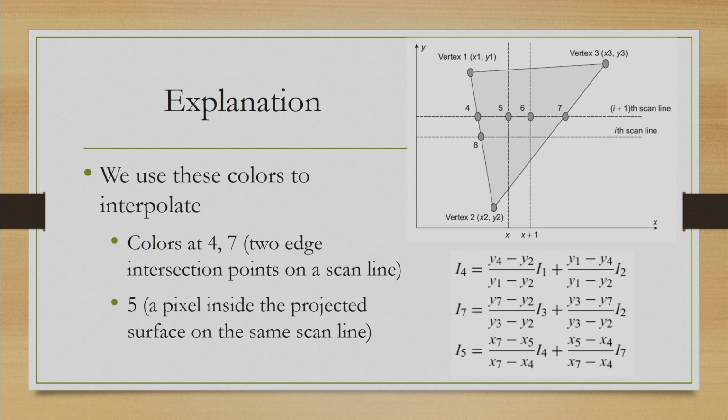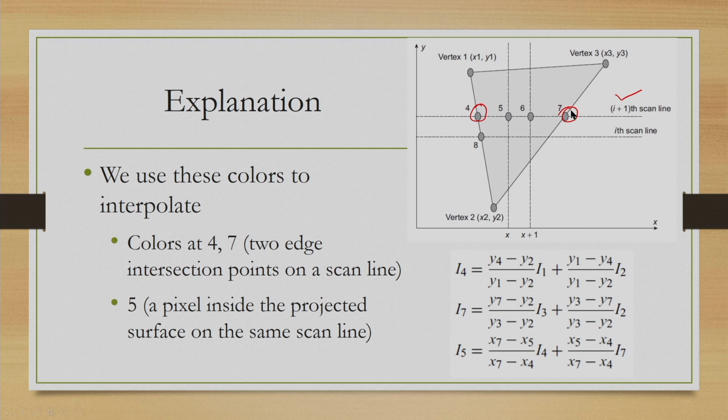So, what do we do? We perform linear interpolation in terms of the colors that are already computed for the vertices. We take one scan line at a time. For example, we have taken the (i+1)th scan line. So, we compute the color at 4 and 7, which are the two edge intersection points on the scan line.